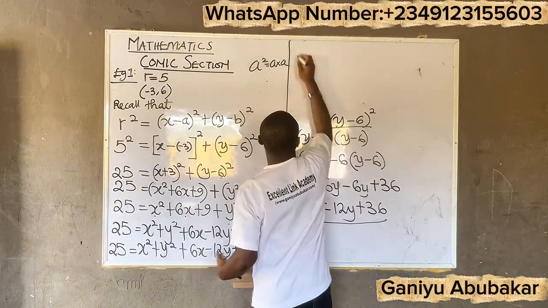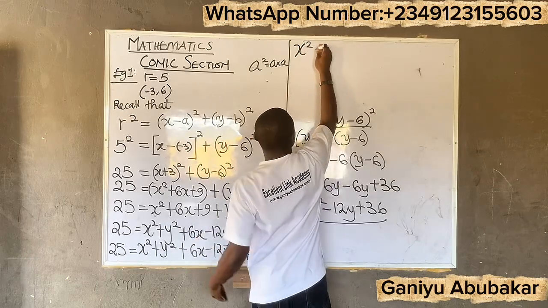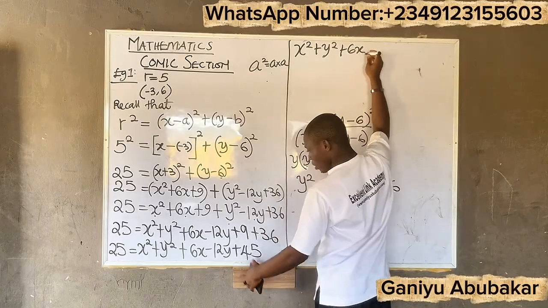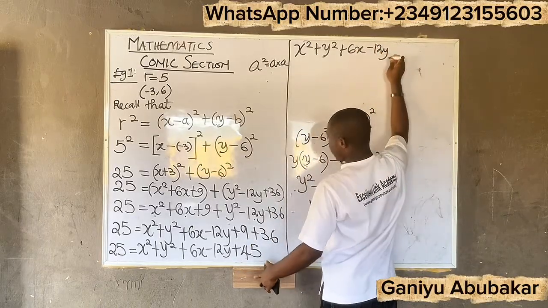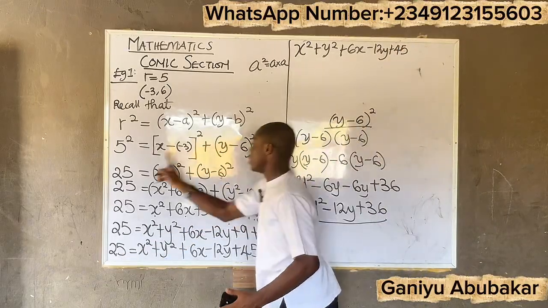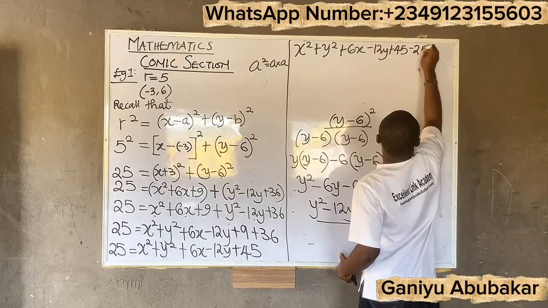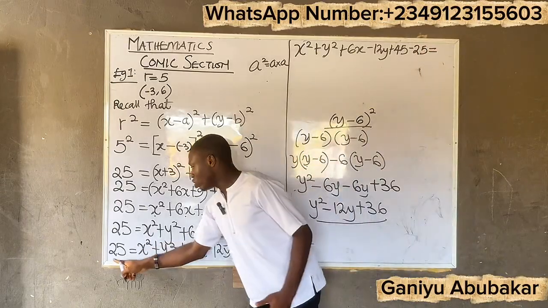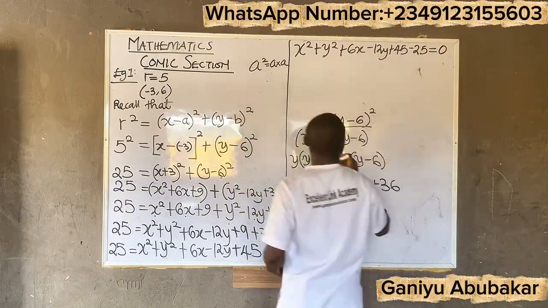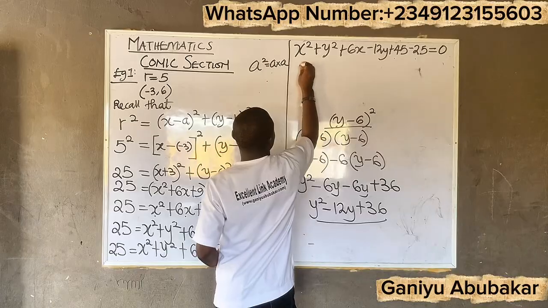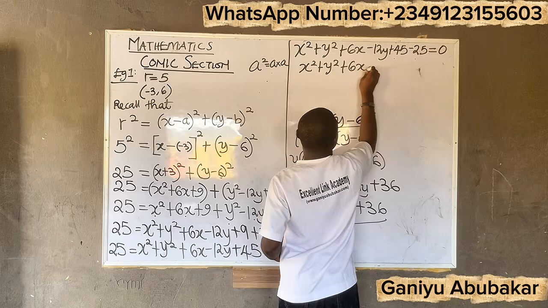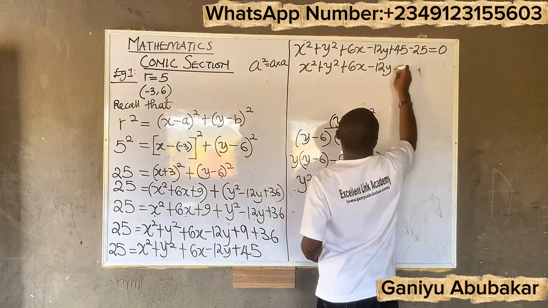So I'll have x squared plus y squared plus 6x minus 12y plus 45. I brought this stuff here, it becomes negative 25 equals, and I took this stuff here, so nothing will be here again, it will be left with just 0. So if I subtract this, this gives you x squared plus y squared plus 6x minus 12y plus 20.